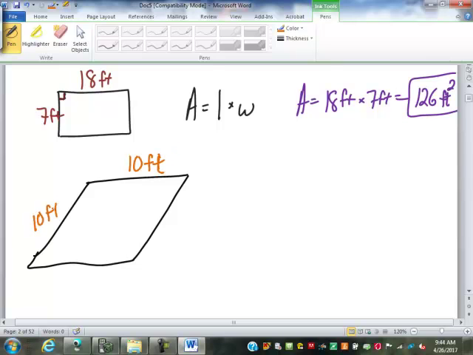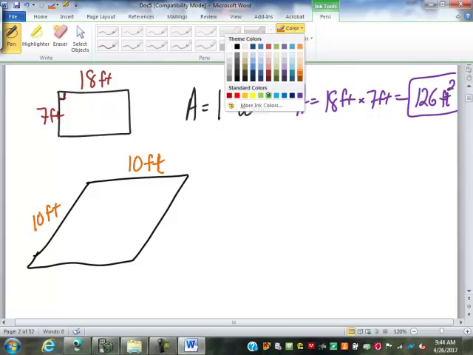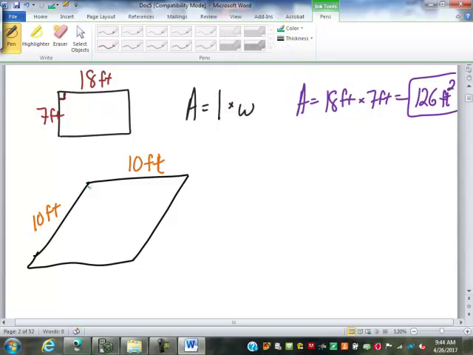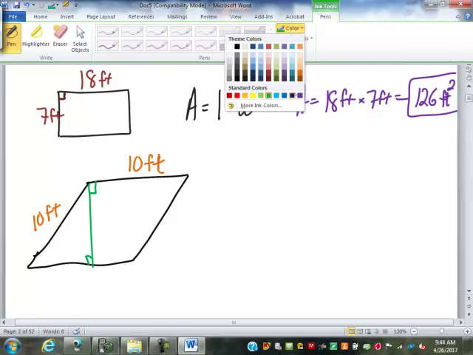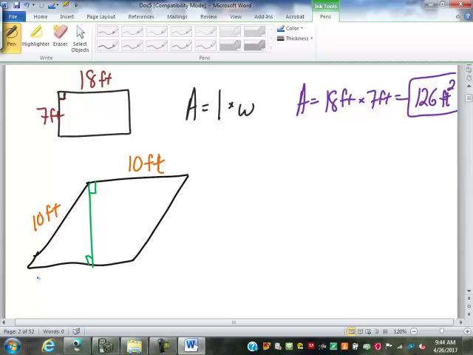And I tell you this is 10 feet. I cannot do the area as 10 by 10 because they don't form a right angle with each other. They're not perpendicular. If I knew this dimension here, however, I could find it. If I tell you that this across here is 6 feet, I can now find this length here.